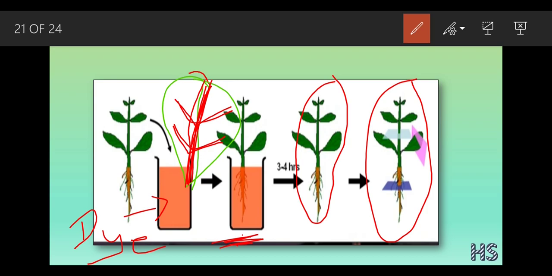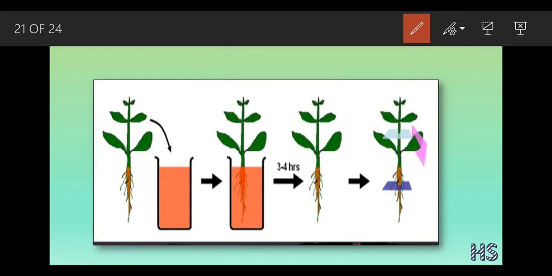This shows that the xylem is responsible for the conduction of water inside the plants. If we keep the plant in water, you won't be able to notice these veins. That is why we have kept the plant in the dye solution, because the dye can give color to these veins. The third experiment has been proved. Now let's move to the fourth one.